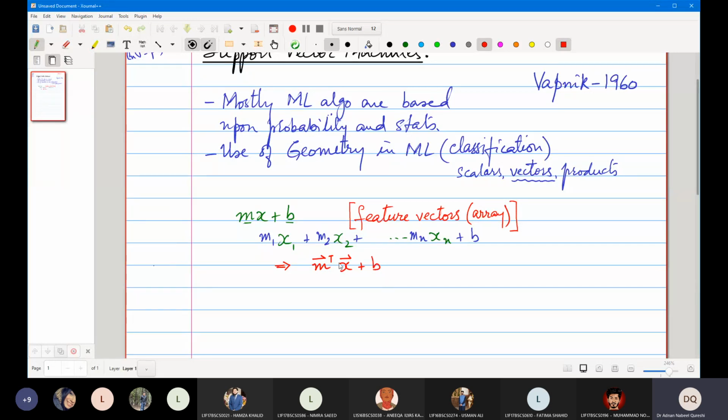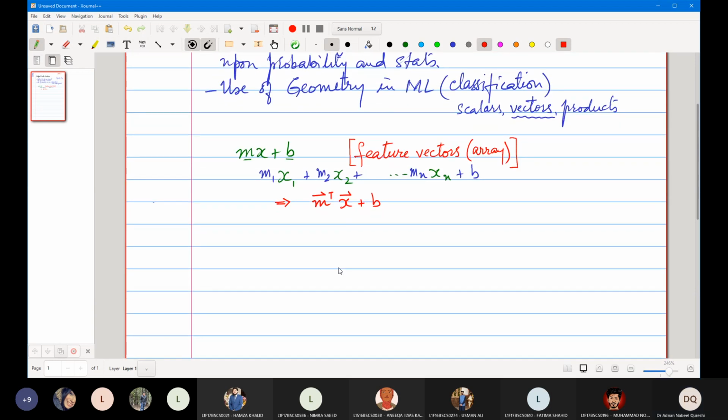So if we look at this equation, it is the vector form, but we are using only feature vectors. We are not actually doing the vectors of geometry. So we have this thing, and the results of linear regression, logistic, ANN, CNN, all of them are somehow based on these.